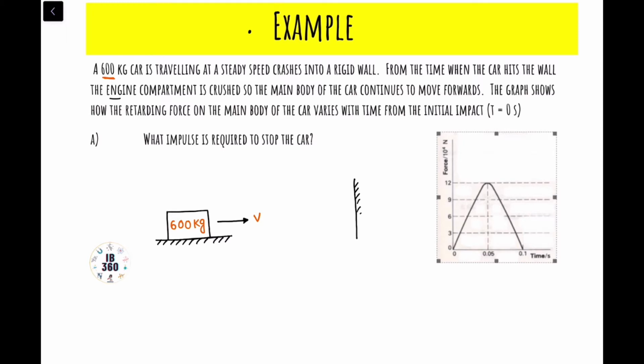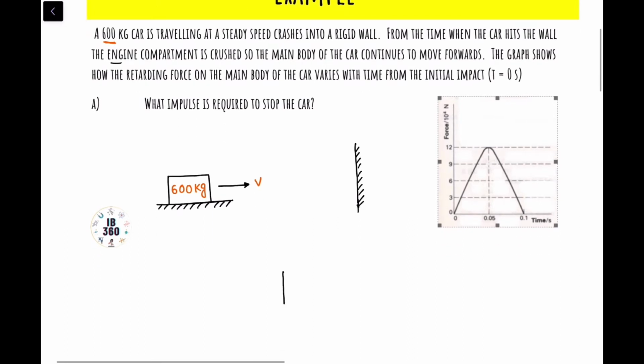So this is a type of collision, right? After some time the 600 kg car will collide with the wall.